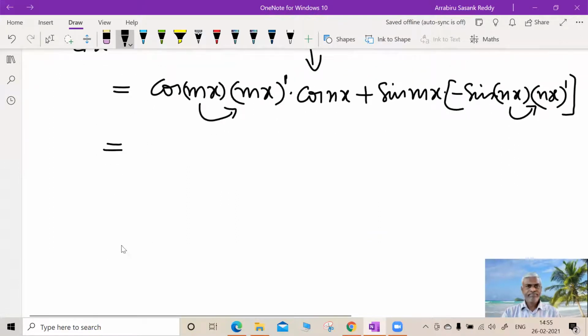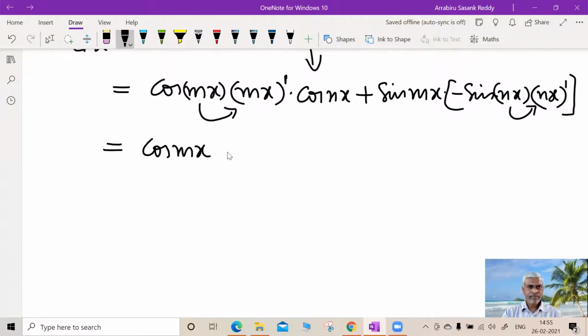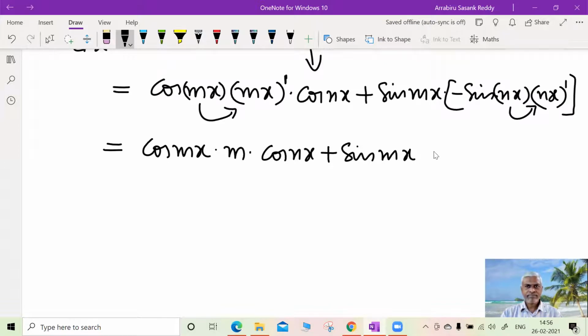The chain rule here. Cos mx. Mx differentiation is m, as x differentiation is 1. 2x differentiation is 2, 3x differentiation is 3, mx differentiation is m, and cos nx as it is, sin mx, and minus sin nx.